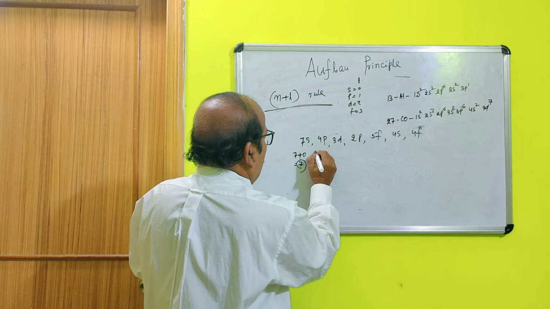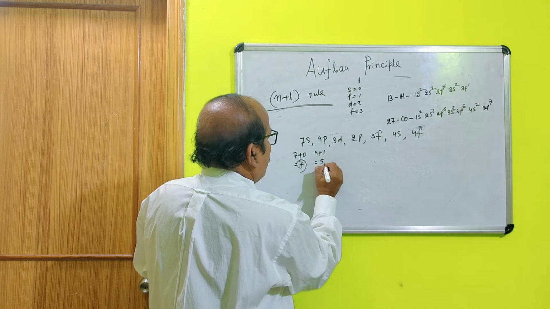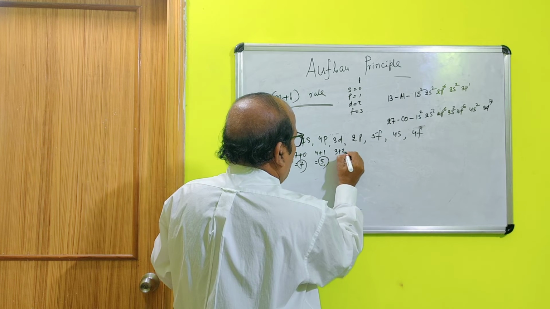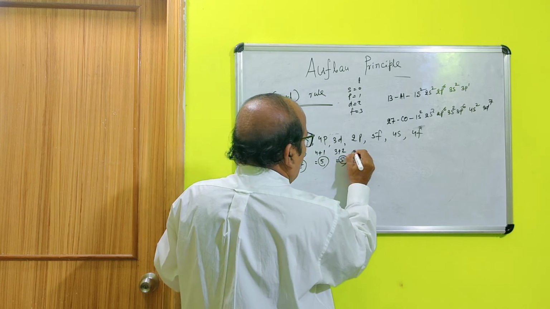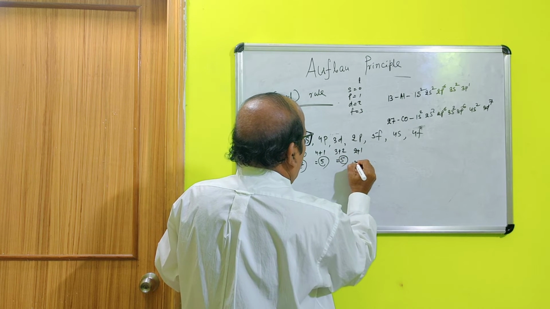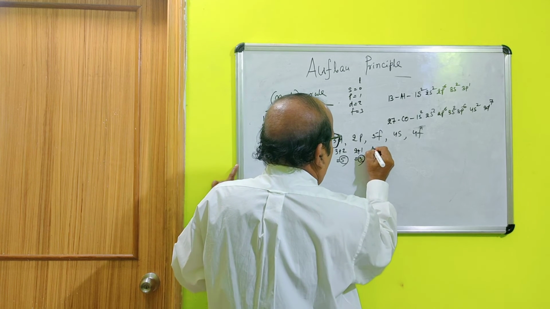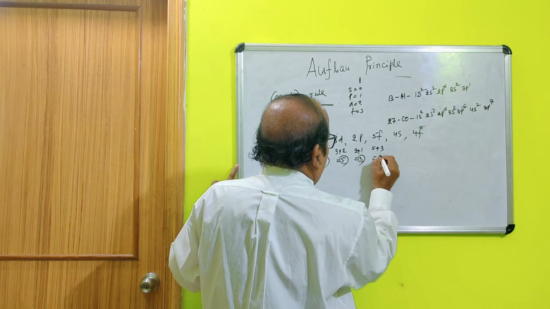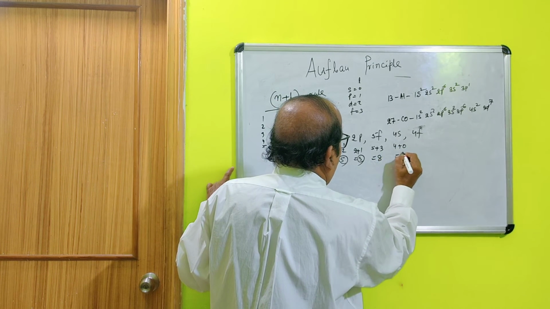For 4p, 4 plus p value is 1, that is equal to 5. For 3d, 3 plus 2, that is equal to 5. For 2p, 2 plus 1, that is equal to 3. For 5f, 5 plus 3, that is equal to 8. For 4s, 4 plus 0 equal to 4.